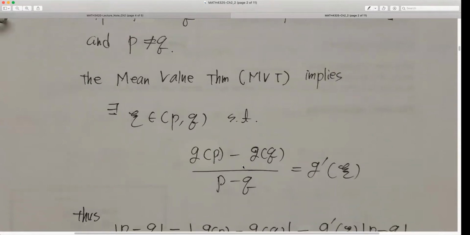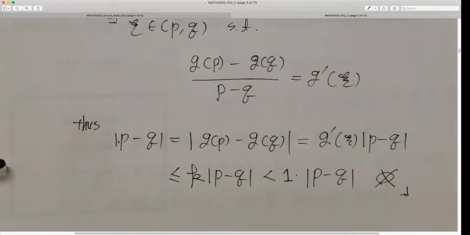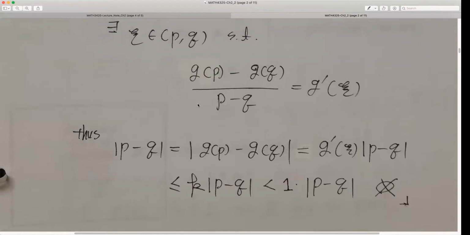Okay, so with this, thus the absolute value of p minus q is equal to... So you see that here, the left-hand side represents the slope of the secant line, the right-hand side represents the derivative, I mean, the slope of the tangent line at xi. So now we're going to multiply by p minus q, the denominator, on both sides, and take absolute value.